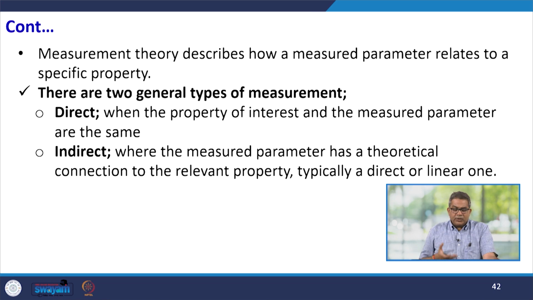Now, measurement theory describes how a measured parameter relates to a specific property, and there are two general types of measurement. One is direct, when the property of interest and measured parameter are the same. Indirect, where the measured parameter has a theoretical connection to the relevant properties, typically a direct or a linear one.